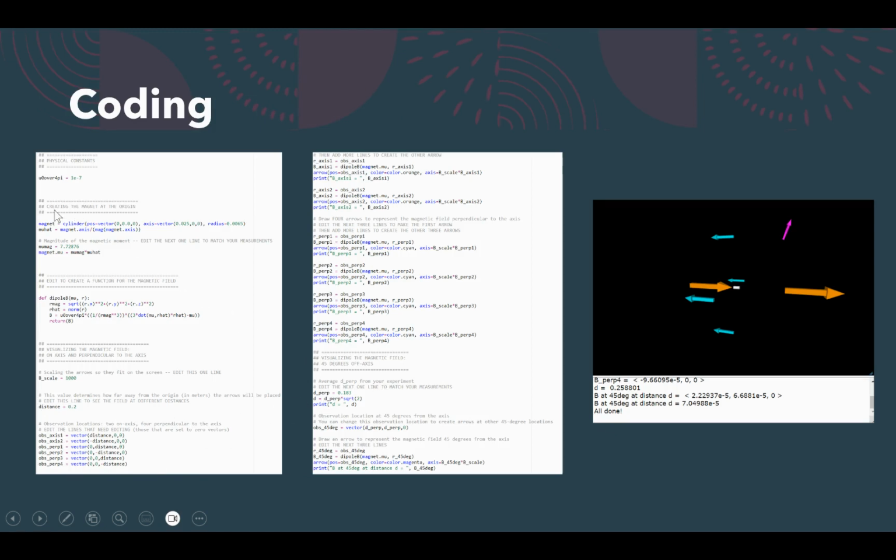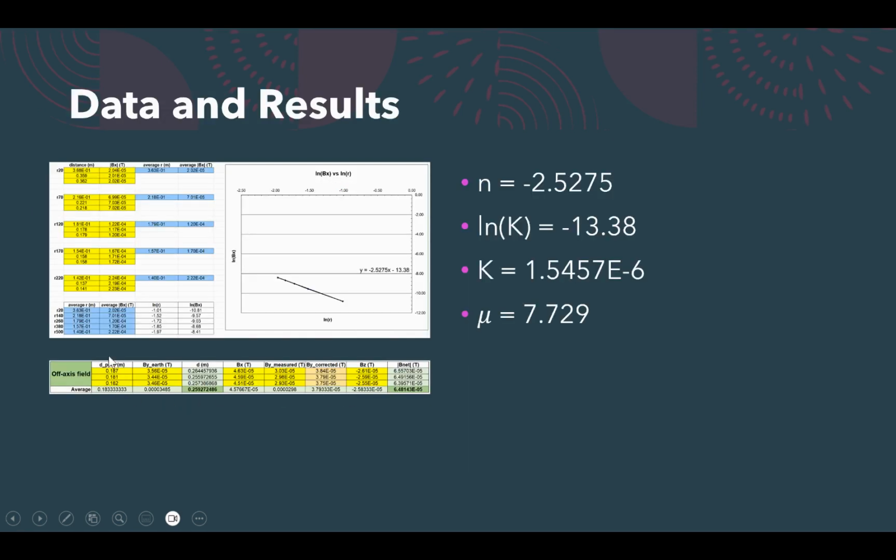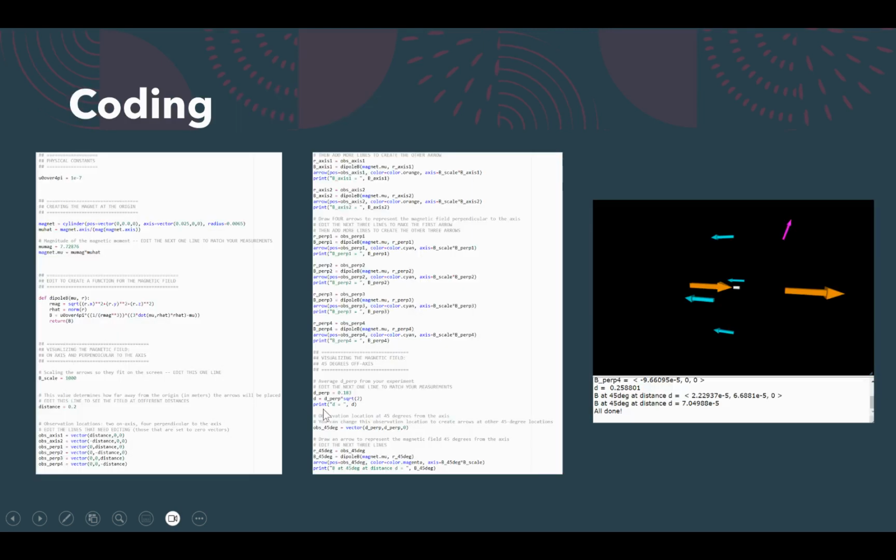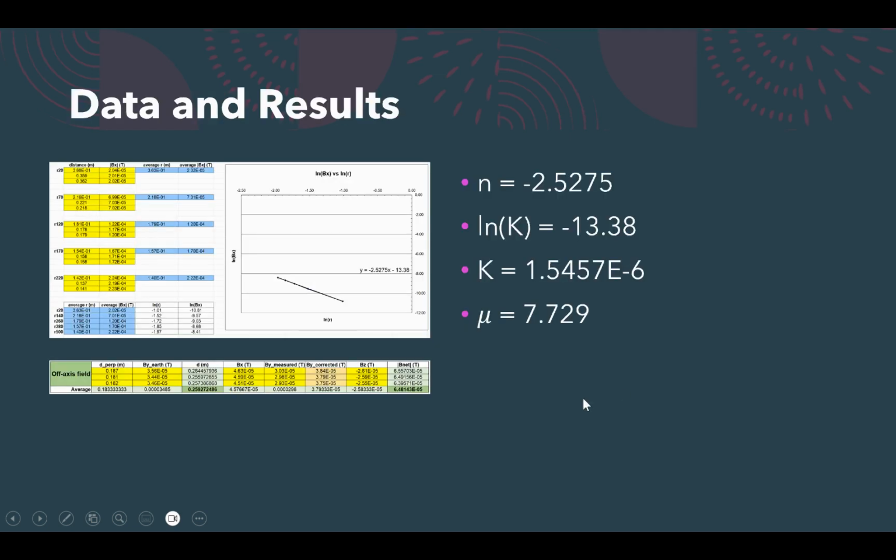And then let's see. Here is the magnetic dipole moment. Here is the observed average distance for off-axis field. And then here is the computer's predicted distance, which is pretty close.